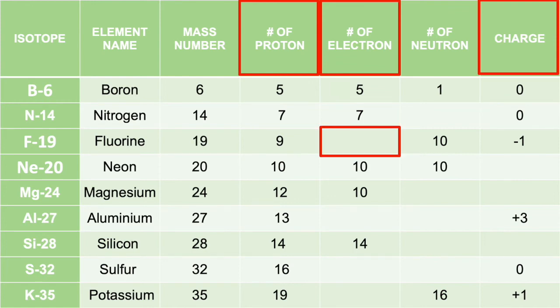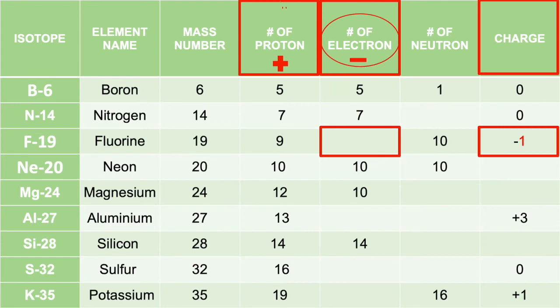Let us try and answer fluorine. Fluorine has a charge of -1. Negative denotes electron, which has a negative charge, while proton has a positive charge. If the atom has a negative charge, it means that the electrons of that atom are more than the number of protons. But by how much?